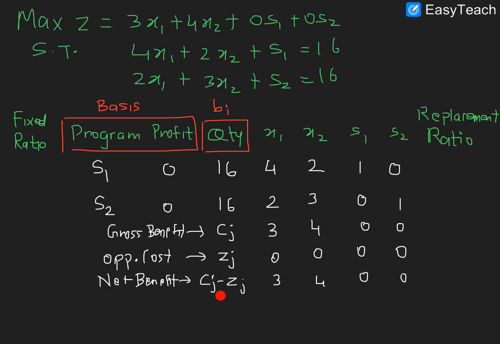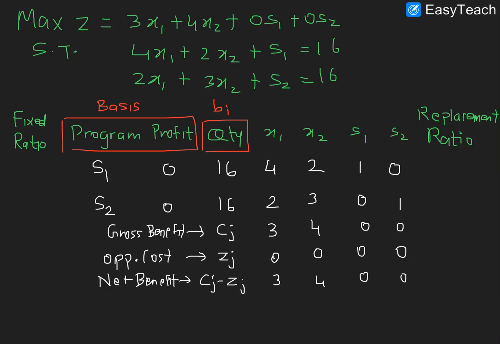Now looking at Cj minus Zj, if I produce X1 unit, I get 3 rupee benefit. If I produce X2, I get 4 rupee benefit. Out of these two, what will be our choice if I want to choose any one, not multiple? The obvious choice for any rational person is going to be this number.